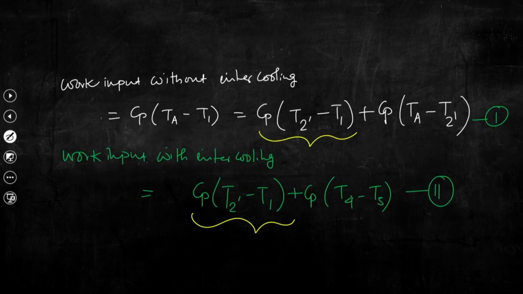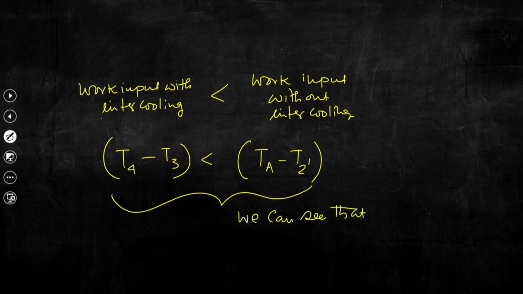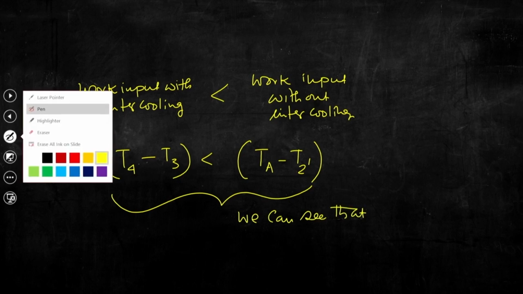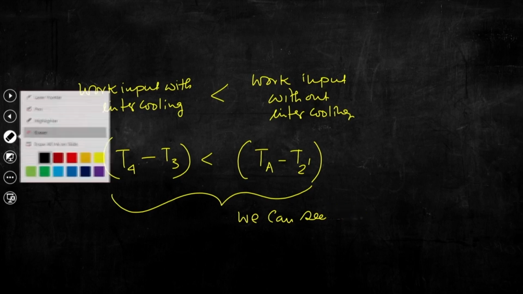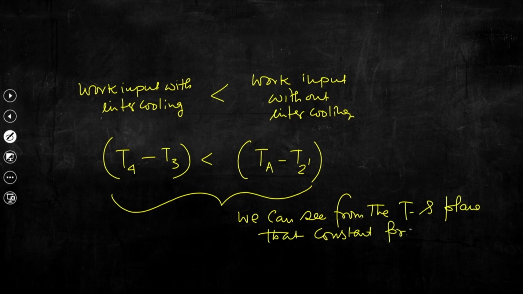So, we can see from the Ts plane that constant pressure lines diverge as we move from left to right.